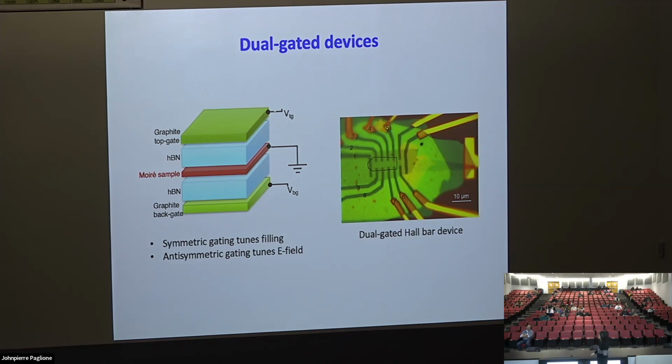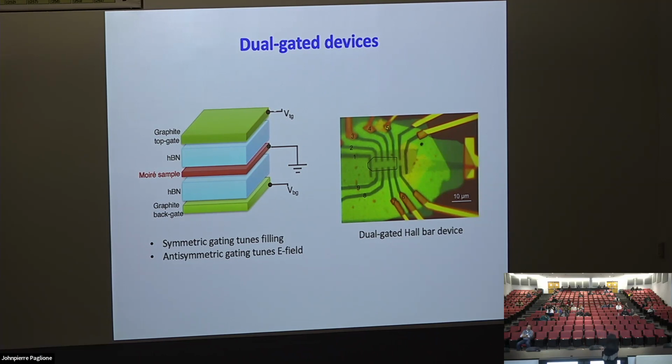I can change the doping density. But if one is plus 1 volt and the other is negative 1 volt, then I will only change the electric field perpendicular to the sample. If the thicknesses are different, you can make adjustments accordingly.